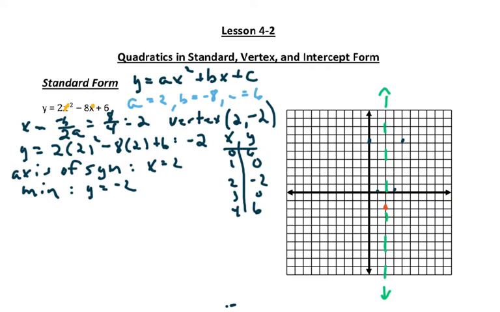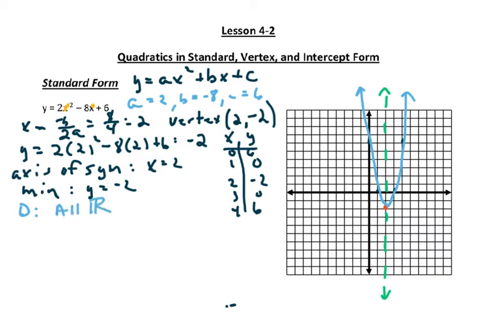And clearly we can see that when I graph this parabola, here's what we're looking at. It opens up. And that means when I take a look at the last couple things I want to give you, the domain for this parabola, we know that this parabola goes on forever to the left and to the right, so the domain is all reals.